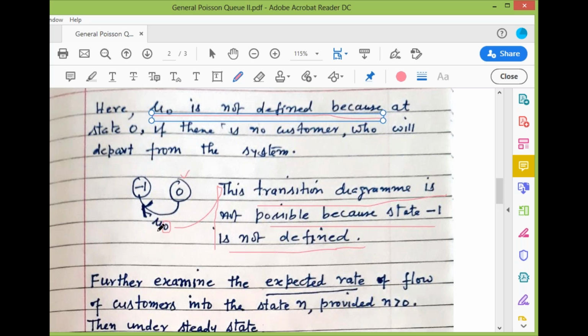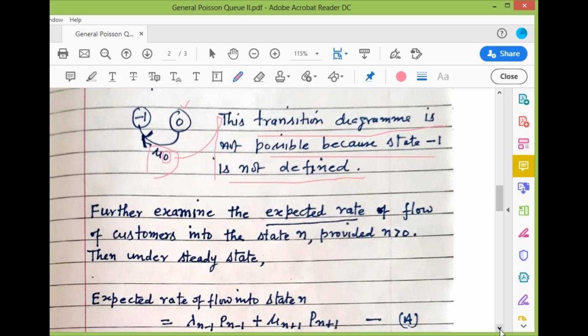Unless departure takes place, we cannot move from here. So departure is not possible, death is not possible, and service is not possible because there is no customer. Therefore, mu naught is not defined. Otherwise, you may have confusion in the mathematics about why it is not happening.